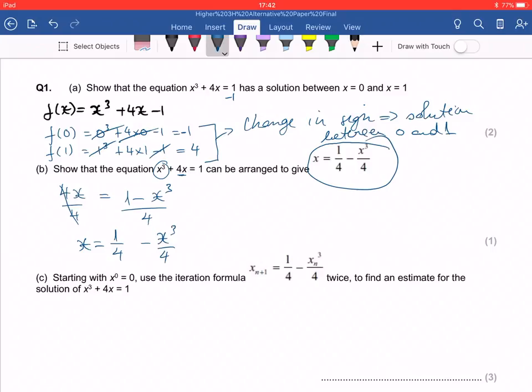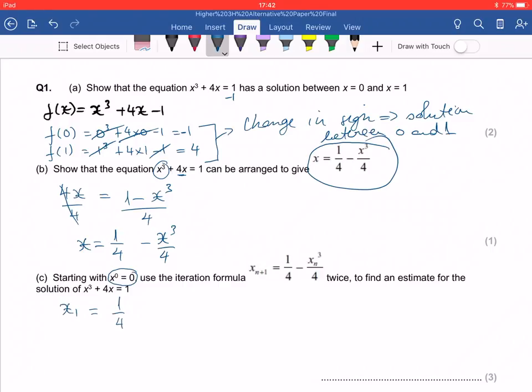Okay. Part C, starting with x0 equals 0, use the iteration formula twice to find an estimate for the solution. So let's use the iteration formula. Now we remember, to work out the next term, we want to use the term before it and substitute it. So if I want to work out x1, I'm going to have to use x0.